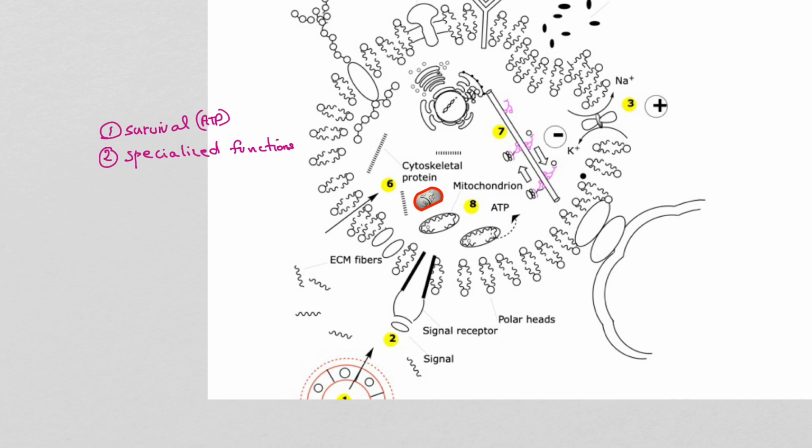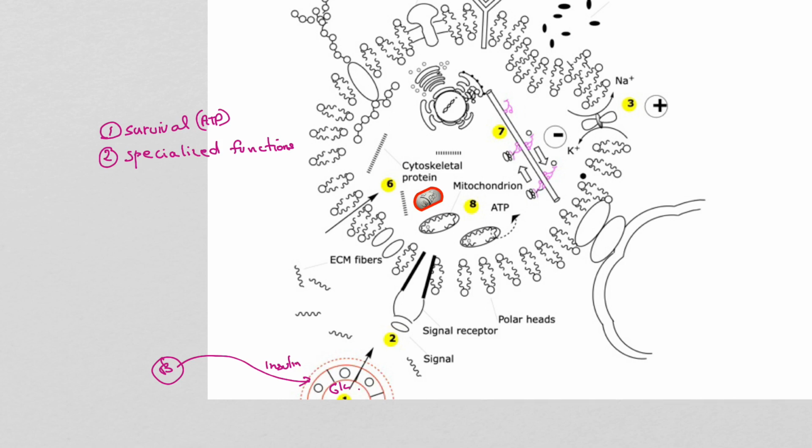So for example, after a meal, there is a lot of glucose from the diet in the bloodstream, and that will cause the beta cell in the pancreas to secrete insulin, the signal insulin.